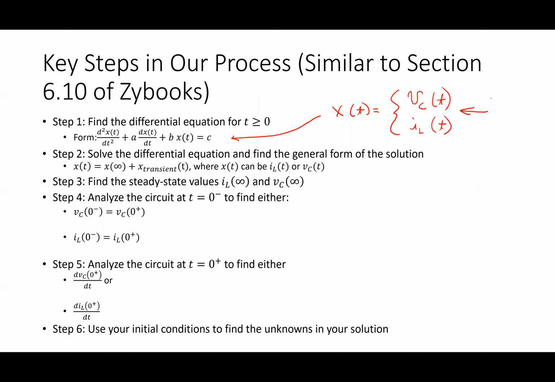Anything special you can note about the capacitor voltage and the inductor current as opposed to the other variables we could think about? Well, yeah, there are those relationships we have about the current and voltage in a capacitor and an inductor. But what's special about capacitor voltage, let's say, as opposed to capacitor current?